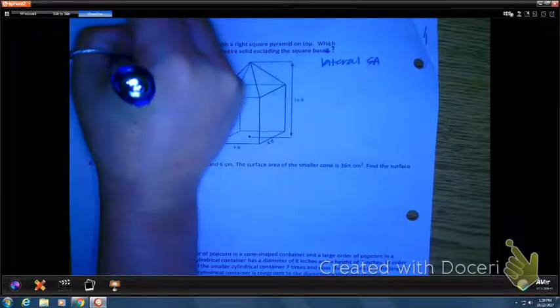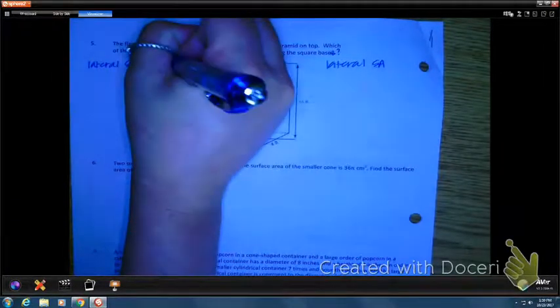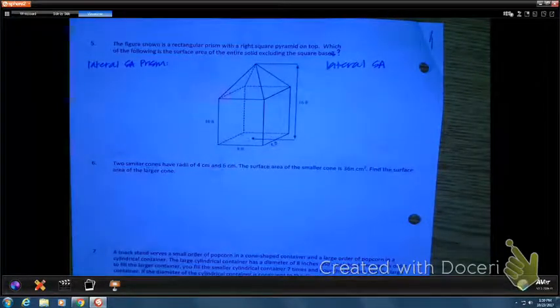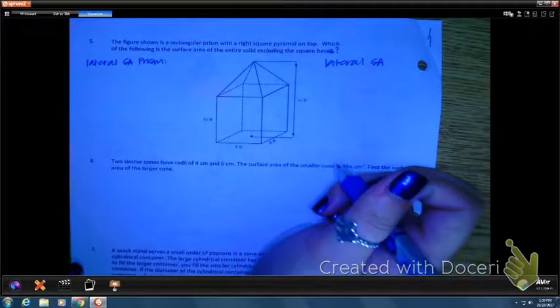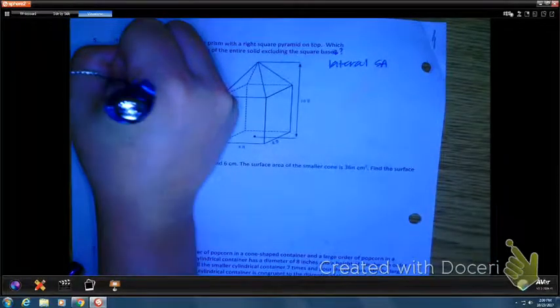Lateral SA of the prism. How do we find the lateral surface area of a prism? Perimeter times height.